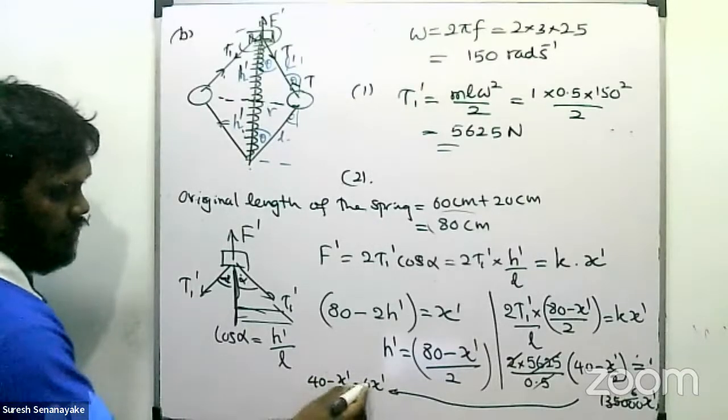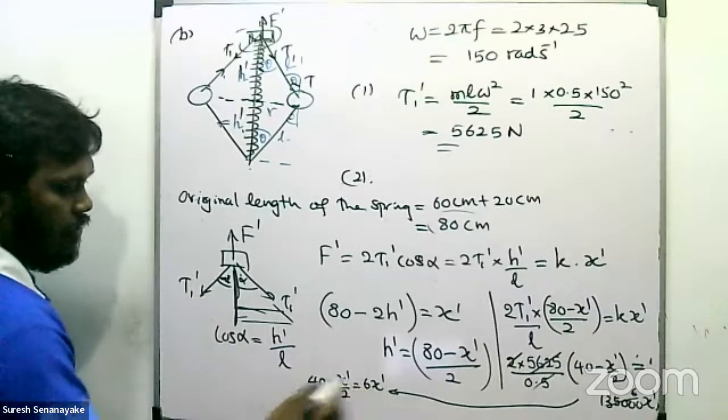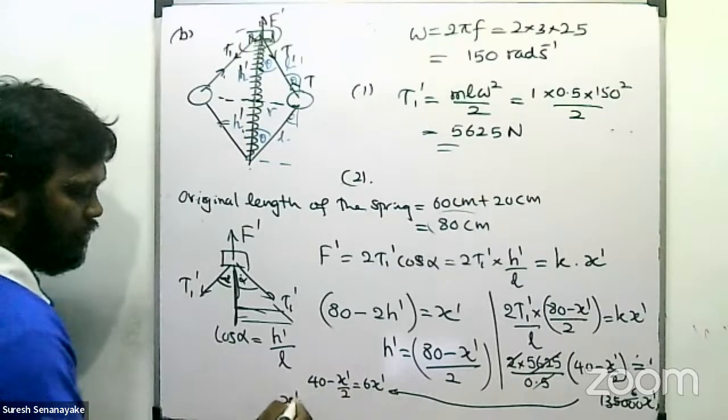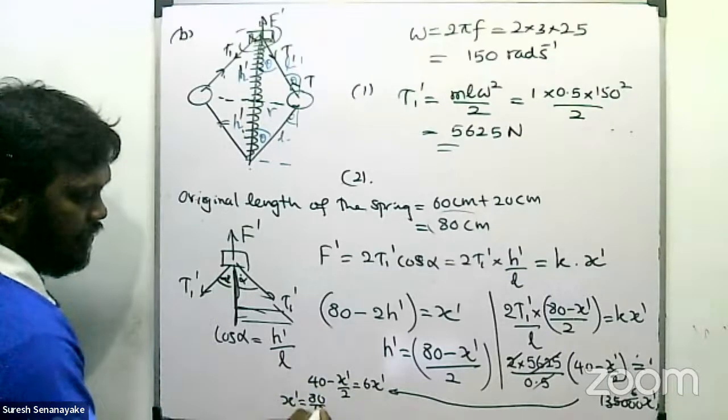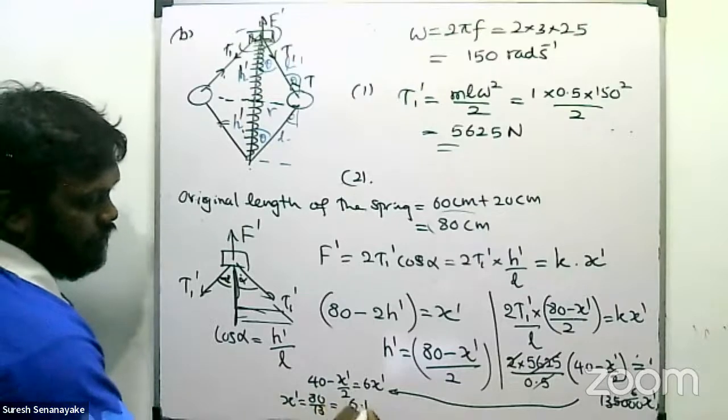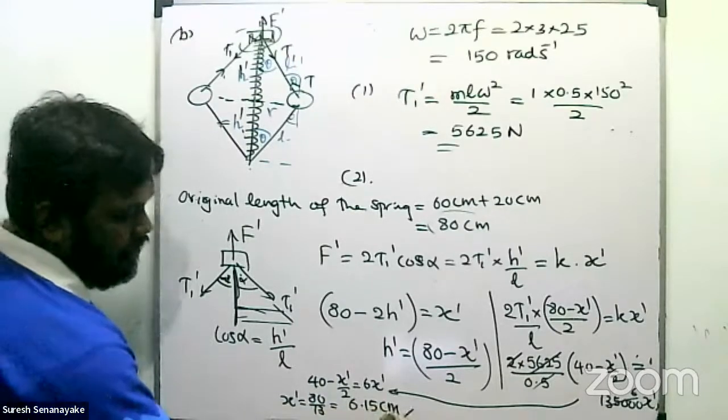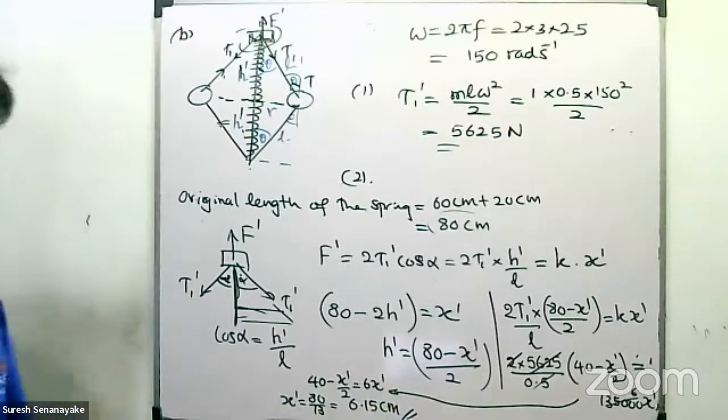So x dash equals 80 divided by 30. That's 6.15 centimeters. The new contraction is 6.15.